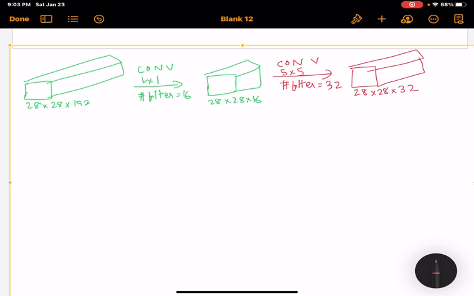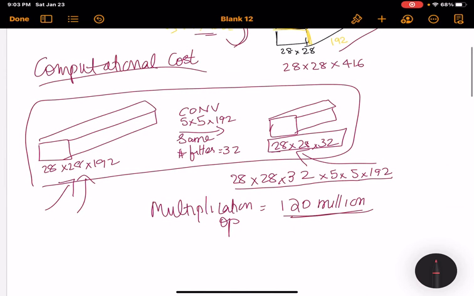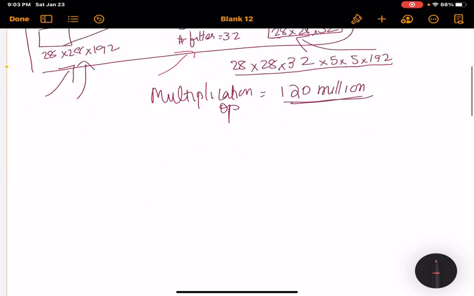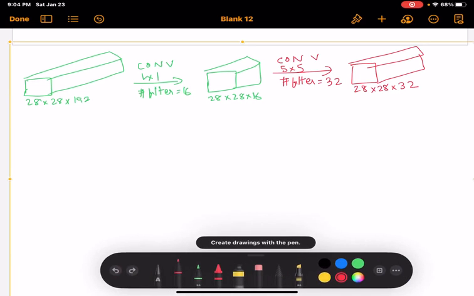So I have my input and my output, which is the same as the example I used to show the computational cost. The only difference is that in this example, I have a 1 cross 1 filter before applying a 5 cross 5 convolution. So let us now calculate the computational cost for this example.